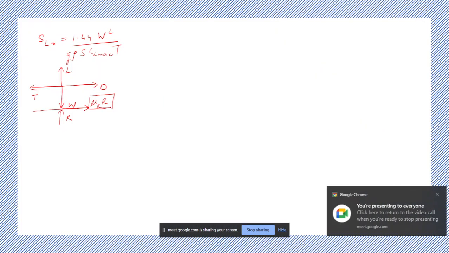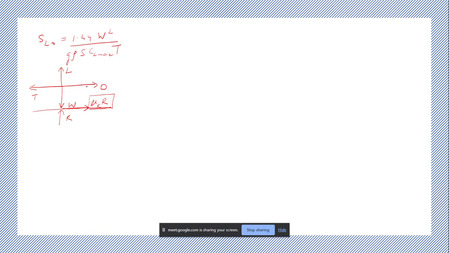So this is the frictional force between the aircraft and the runway. Mu R is the coefficient of friction. So the entire force is mu R into R, where R is the reaction force.